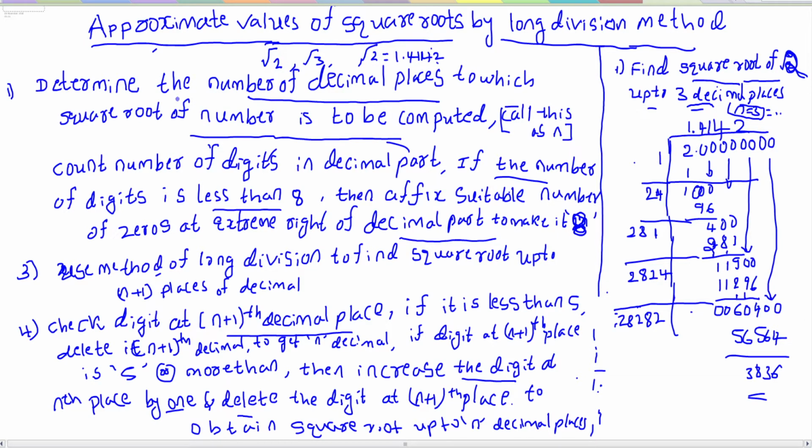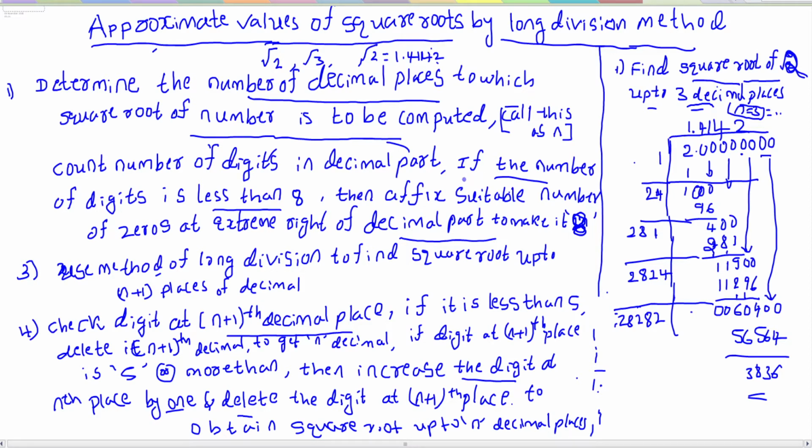Therefore, you have to count the number of decimal digits. The given number 2 has no decimal digits here. To get 4 decimal places, you can make 8 decimal places: 1, 2, 3, 4, 5, 6, 7, 8.